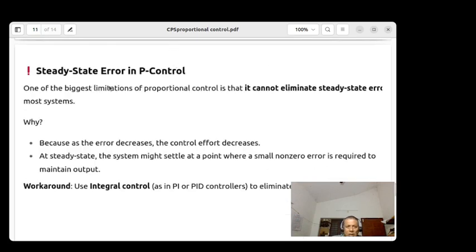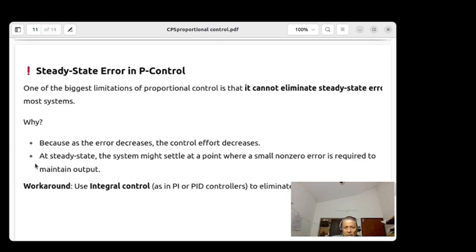Then steady state error in proportional control. One of the biggest limitations of the proportional controller is that it cannot eliminate steady state error in most systems. We have discussed that we cannot reduce the steady state error. Why? Because as the error decreases, the control effort decreases.